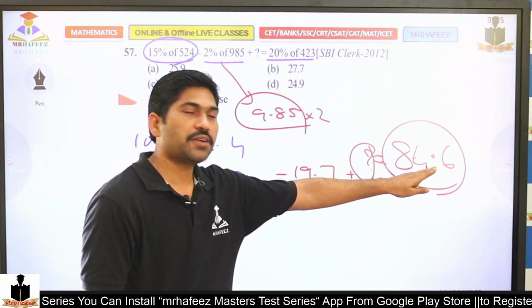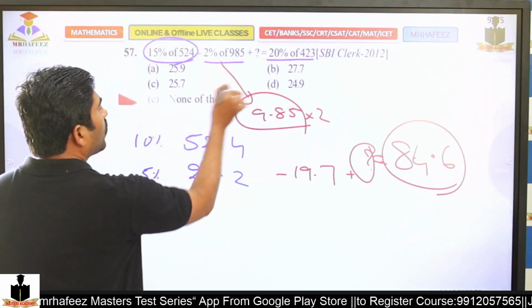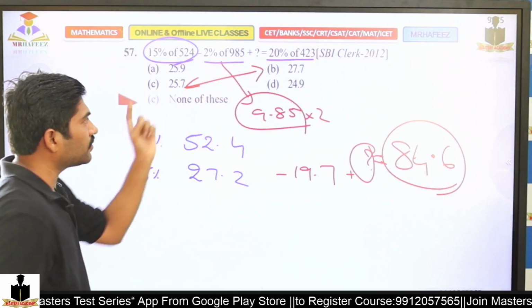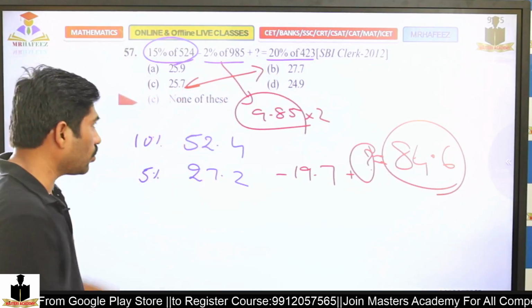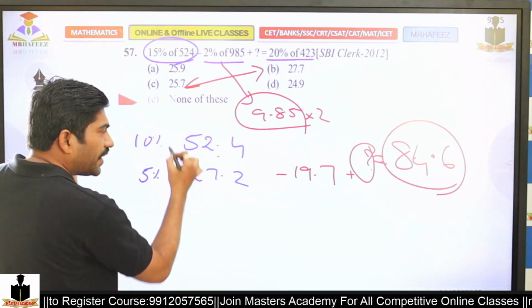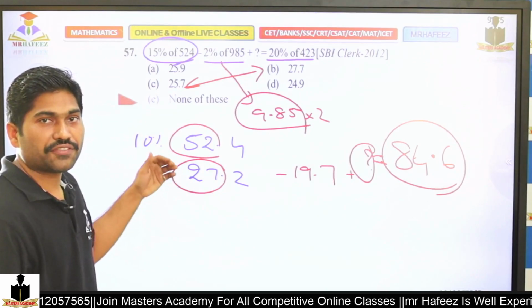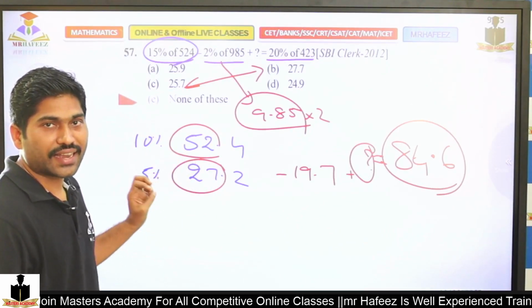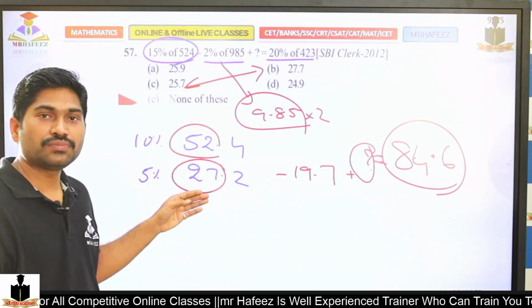Minus 0.9 and 0.6, again I'll get 7. So the answer lies between 27.7 or 25.7. No, I should get my accurate answer. So 52 plus 27 is 80. Is that 79? Yes or no? 79.6.